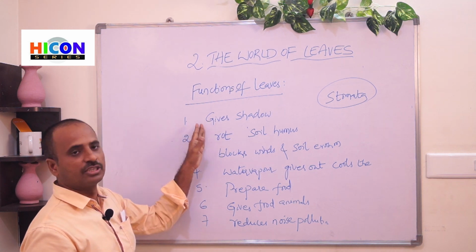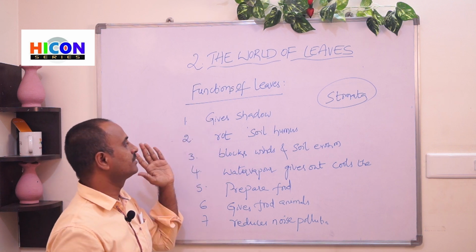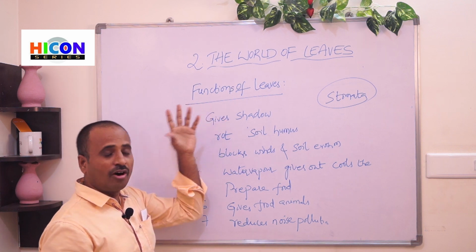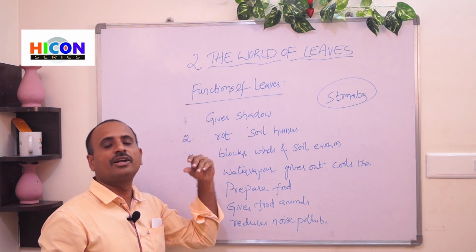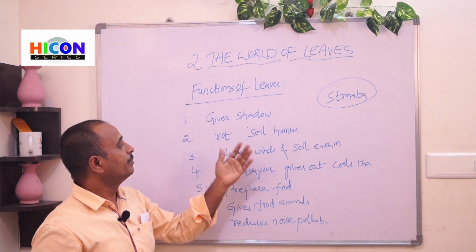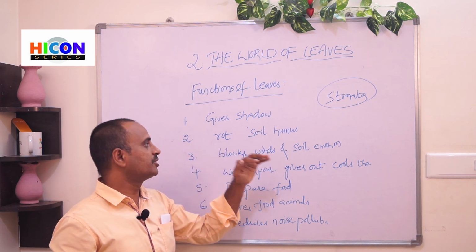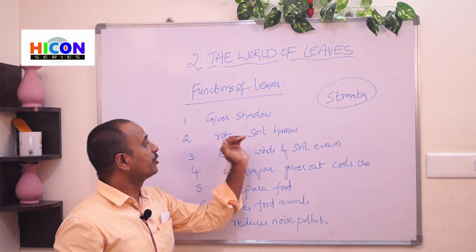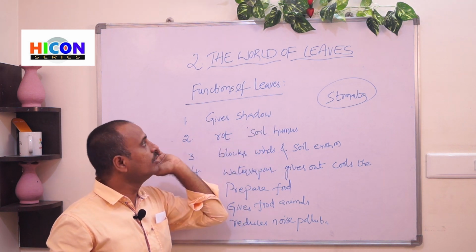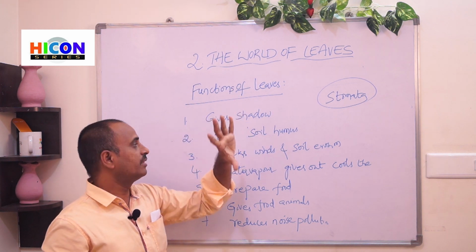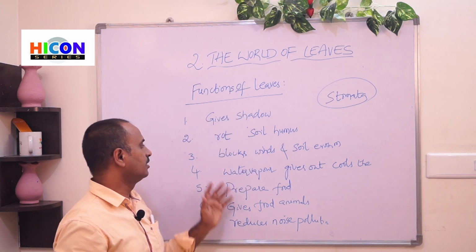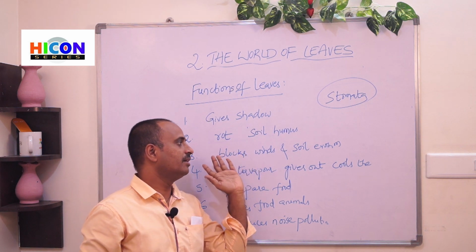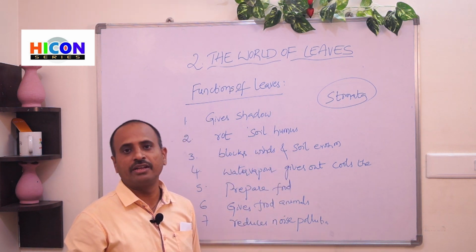The first one is giving shadow during hot summer days, and the fallen leaves rot and decompose and make the soil humus. These humus soils are very helpful for the plants for their healthy growth. The third one is blocking winds and preventing soil erosion.